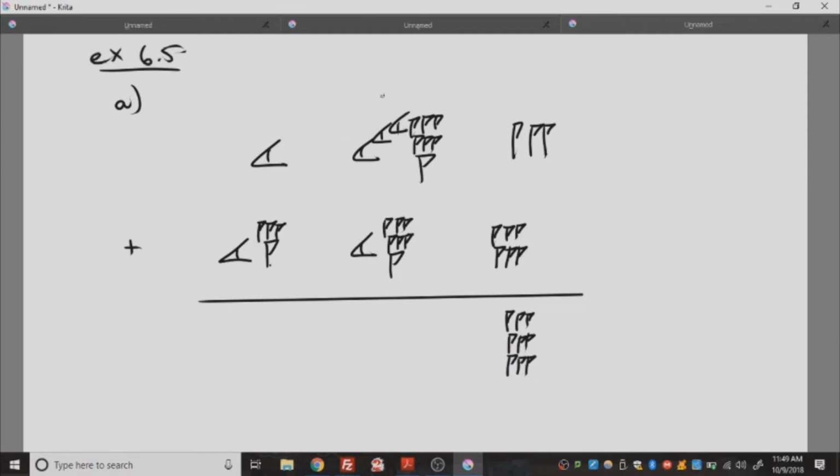Then I have in the middle column 37 plus 17. Try not to use your calculator here to practice. 37 plus 17 is 54. Does 54 fit? We're not counting in tens. We're counting in 60s.